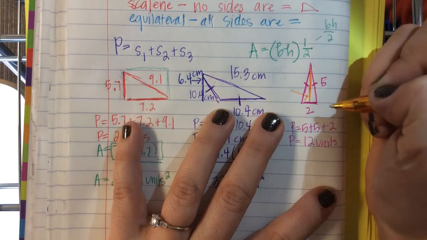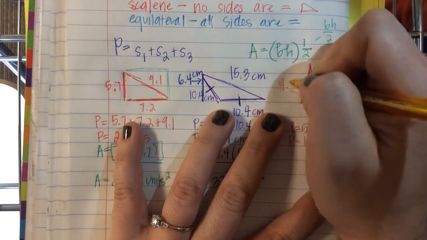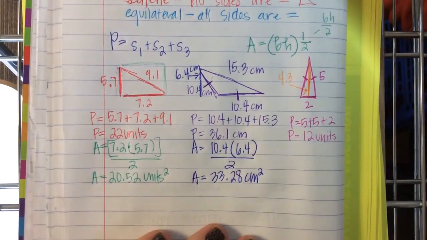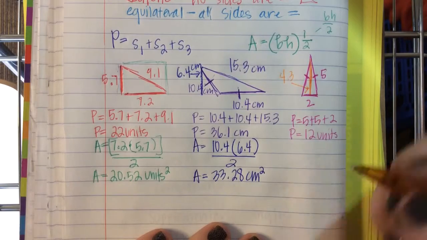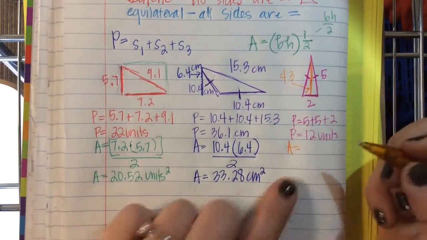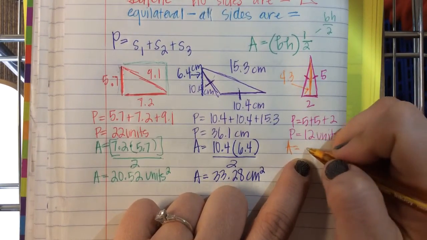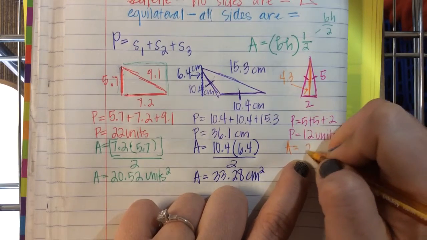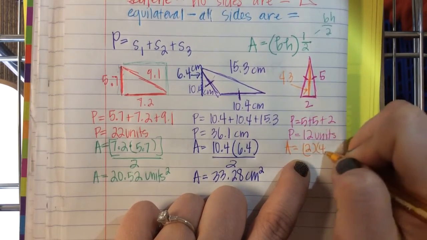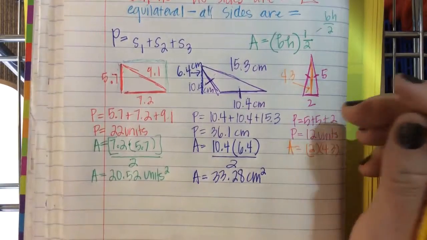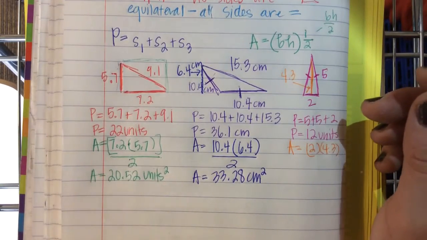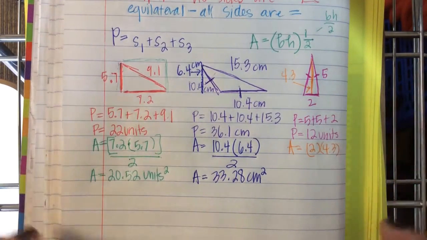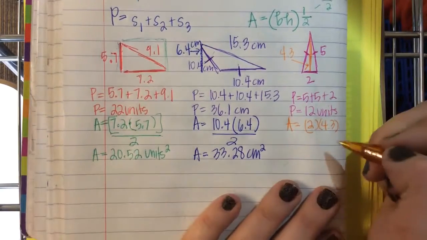And let's say it's 4.3. So we're going to do base 2 times 4.3 height, or you could flip them around. Could you do 4.3 times 2? Same thing. Is that my answer?